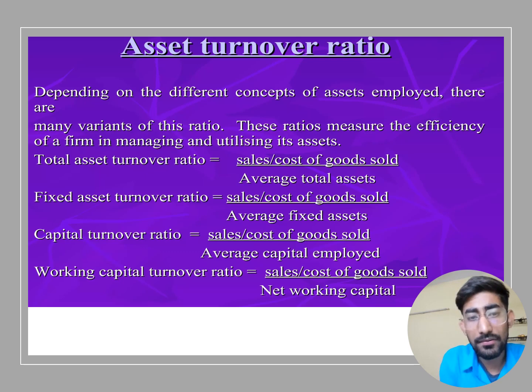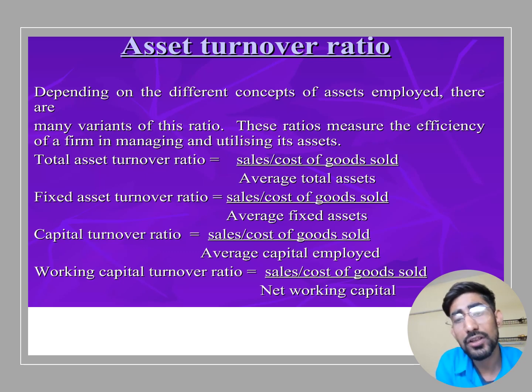So coming to fixed asset turnover ratio. Just like the previous one, we will use the previous formula and replace the total asset with fixed asset. So it comes to sales or cost of goods sold divided by average fixed asset. The next one is similar to the previous two, and this formula is capital turnover ratio.